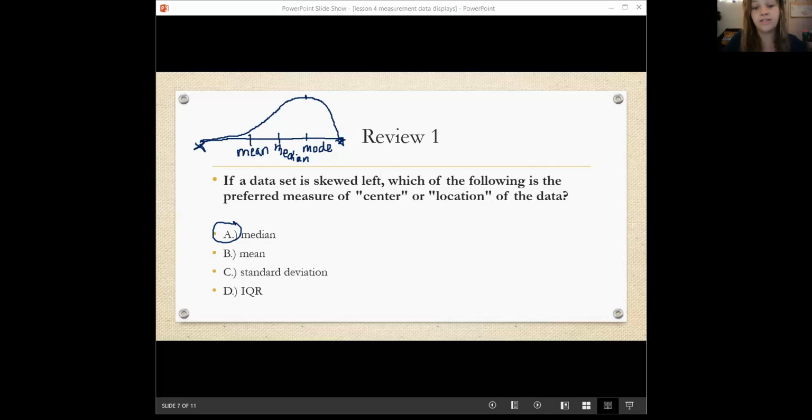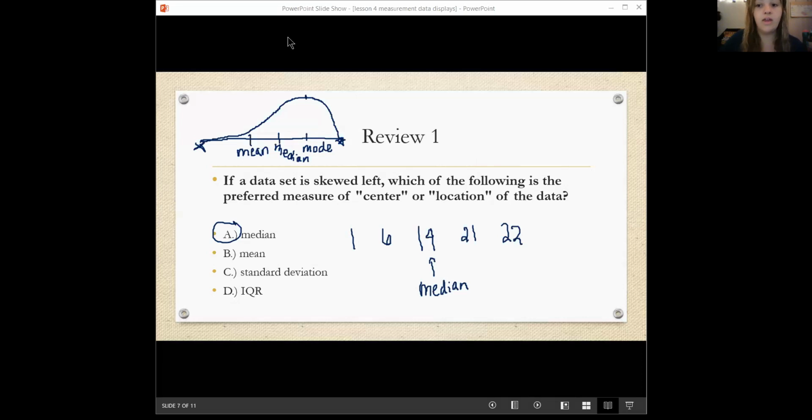Like I said, if you had a data set of 1, 6, 14, 21, and 22, 14 is going to be your median. And this is what I mean by resistant.